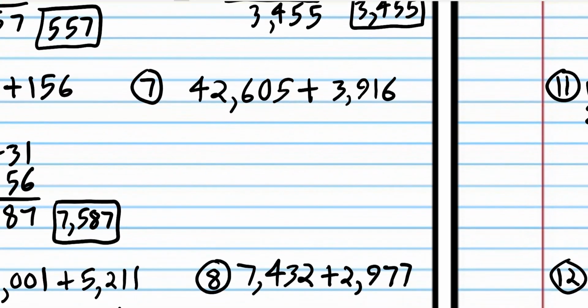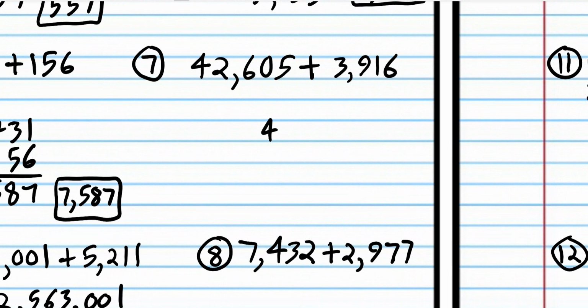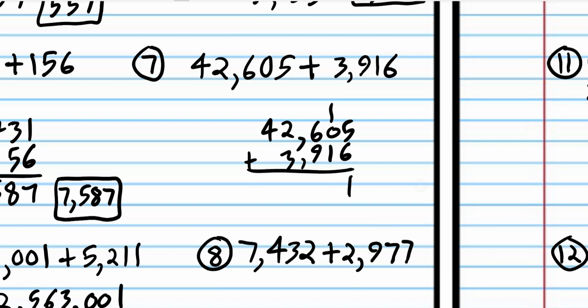All right. So let's try another one of those. I'm going to start going a little faster here. I don't want to bore you. Line up the numbers vertically. Add your plus sign. Now 5 plus 6 is 11. Again, that's a 2-digit number, so you have to carry the one in the tens place. Now it's 1 plus 0 plus 1 is 2. 9 plus 6 is 15.